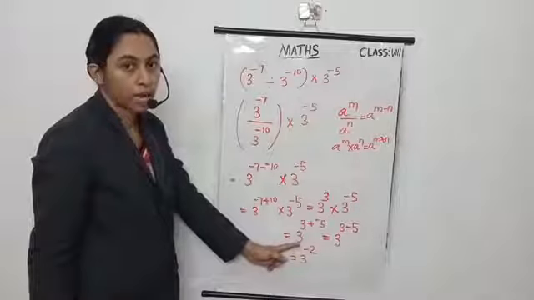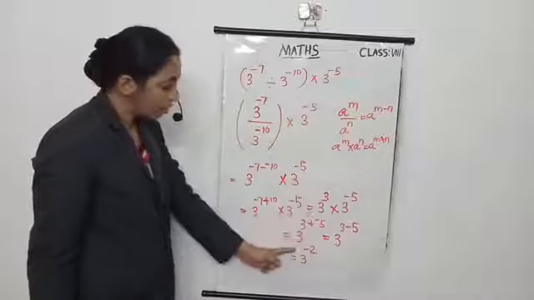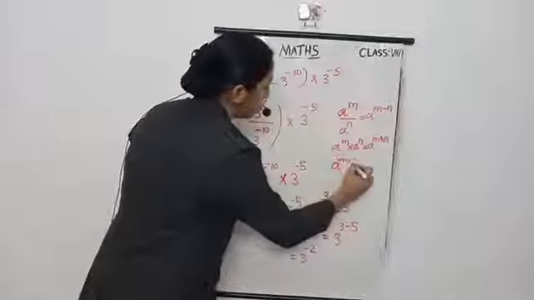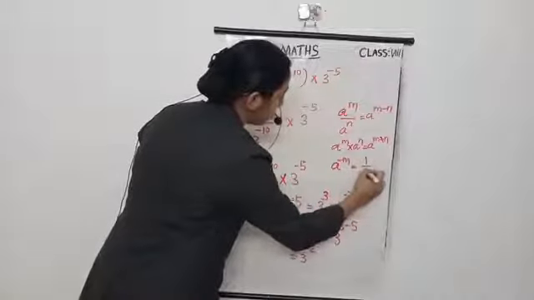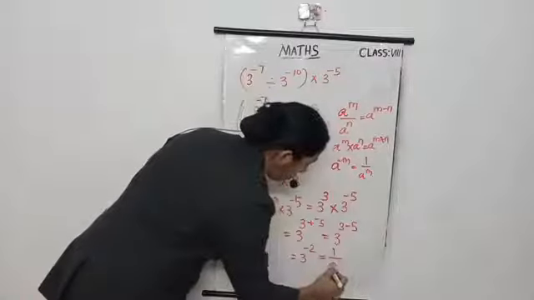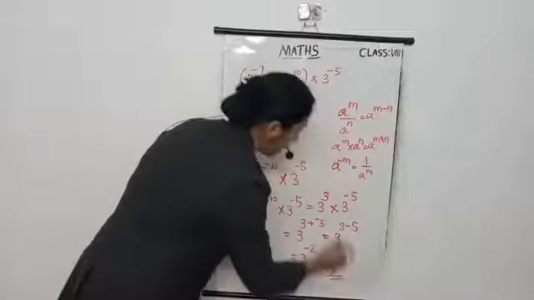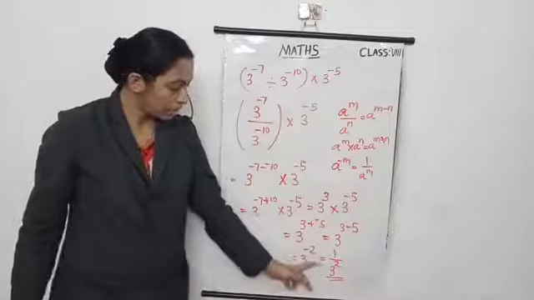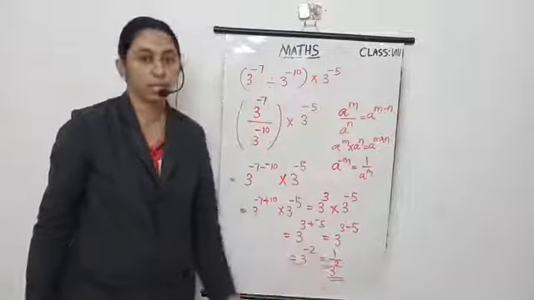In the question they ask to write in positive exponent. So again we use a raised to minus m equal to 1 by a raised to m. This is equal to 1 by 3 raised to 2.